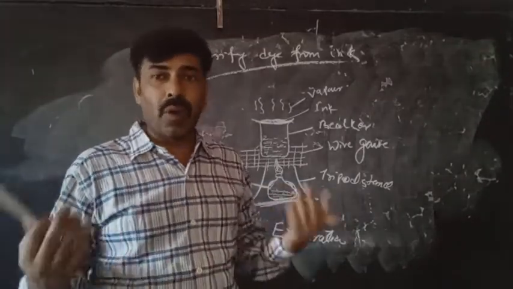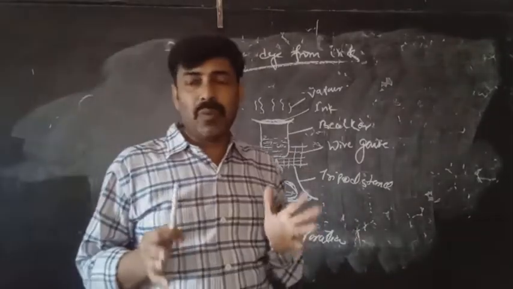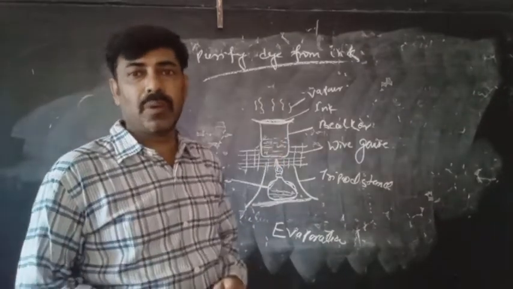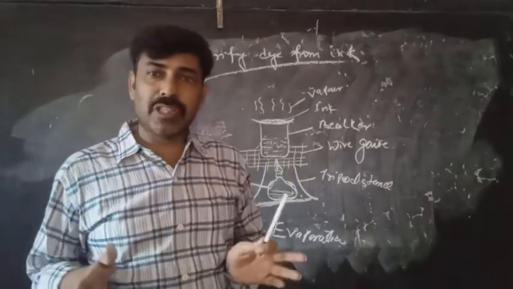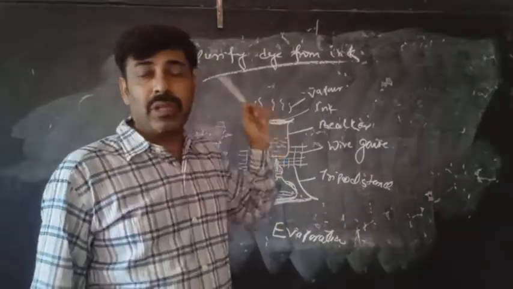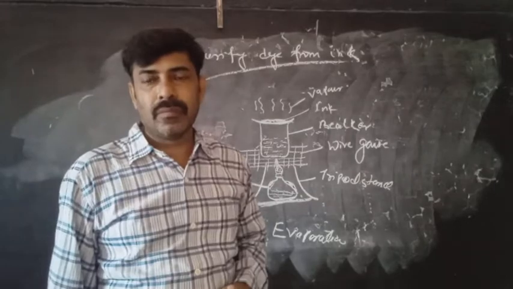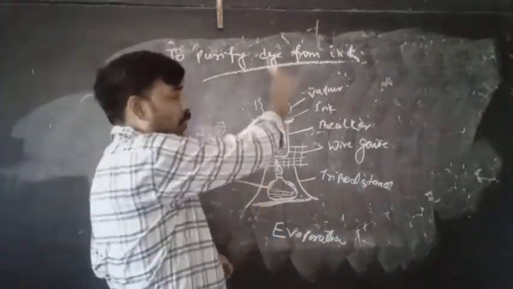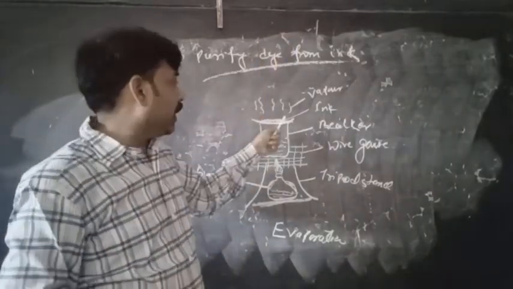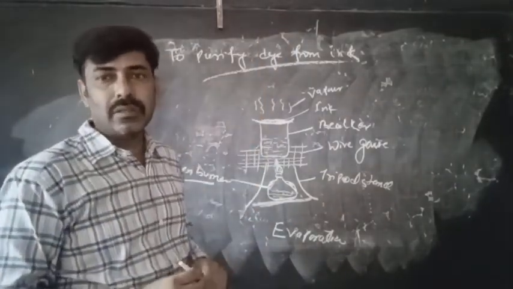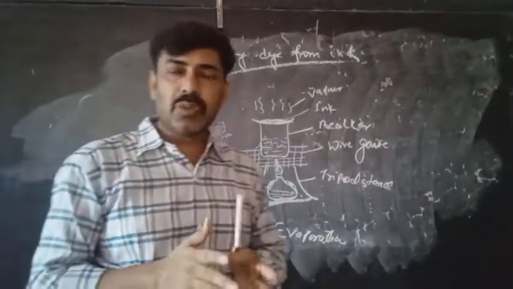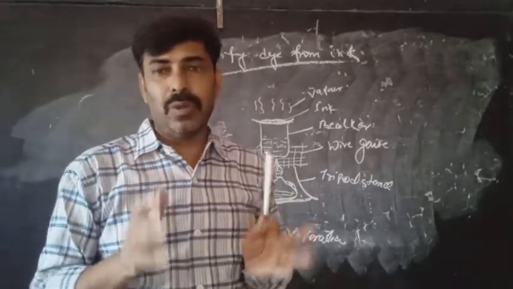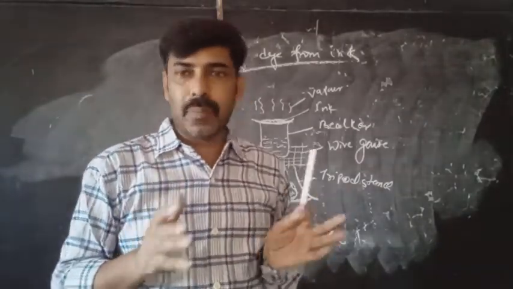That means the vaporization of water will start, and these water vapors will heat the material kept on the surface of the beaker, and after heating, the volatile substances will start evaporating. The volatile materials will come out in the form of vapor, and whatever material remains there will be called pure dye. So in this way we can purify the dye from the ink, that means we can obtain the dye from the ink.